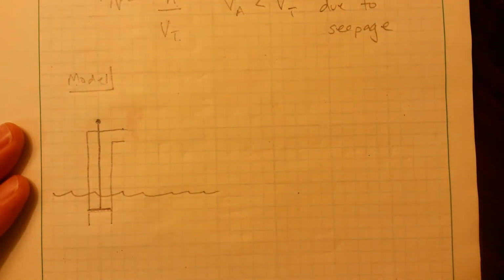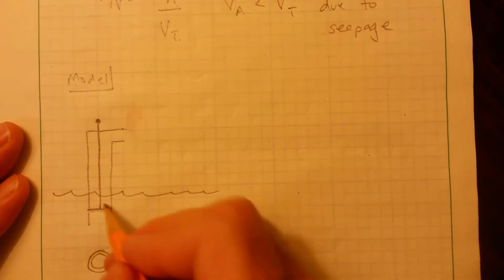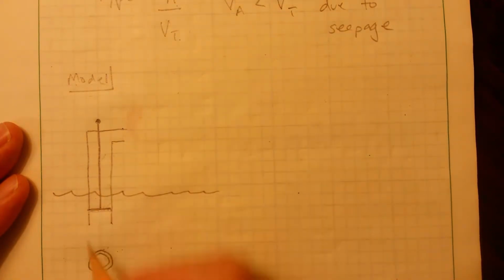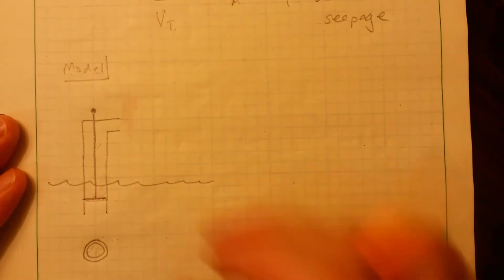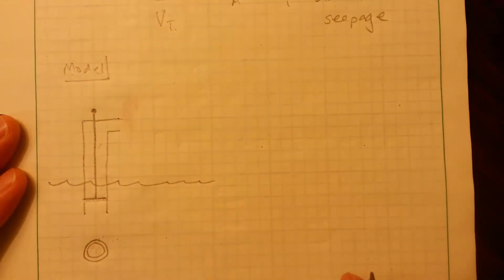And the cross section, the piston in our particular case has a cross-sectional area which is circular, and there's a thickness to the wall, and what we're interested in is the water inside the cylinder, so that's going to be the height of the cylinder times the cross-sectional area of the internal diameter.